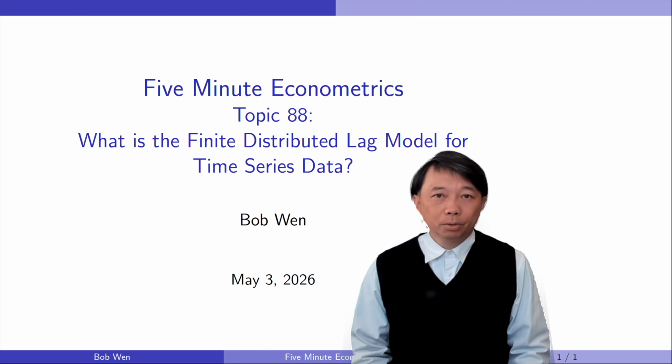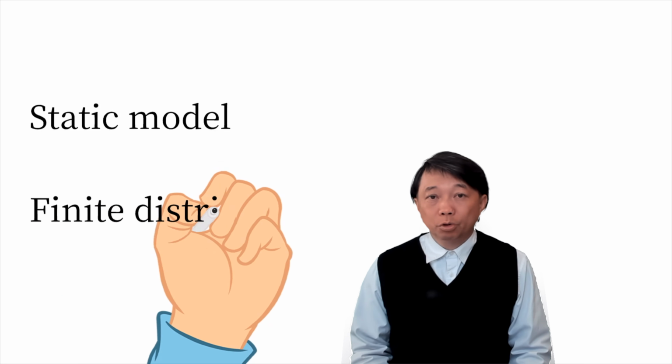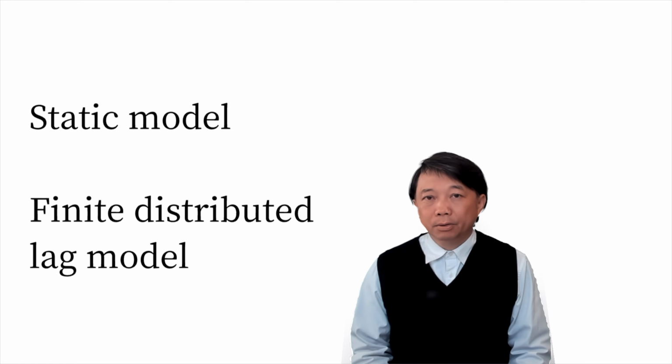Today, we will introduce two important types of time series models: the static model and the finite distributed lag model. The static model is a special case of the finite distributed lag model.